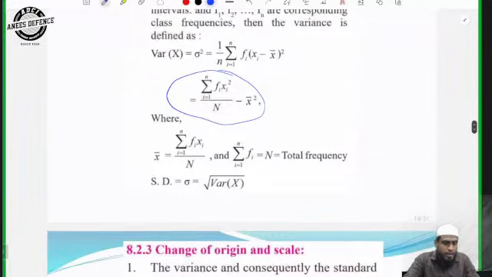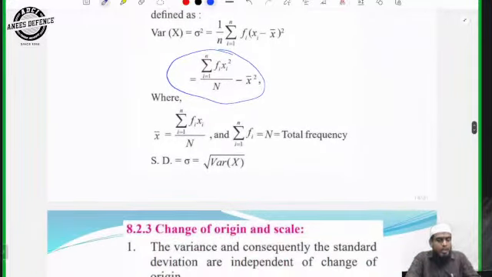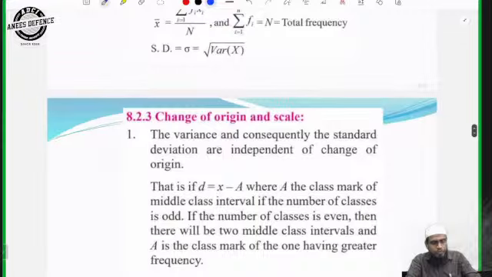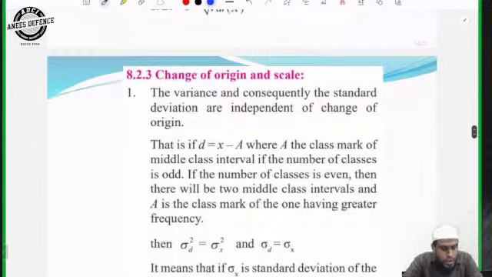Then here, the variance and standard deviation we can consider with respect to the change of origin and scale. Change of origin means instead of taking the value xi, each observation will be changed a little bit.